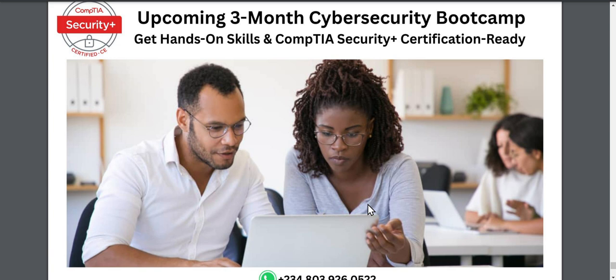And this certification can be used for both entry level to mid level roles, not just entry level. The CC is just for entry level, but with CompTIA Security Plus, it's for both entry level to mid level. Not only that, this certification meets US Department of Defense 8570 compliance, meaning for any federal job that involves IT security, you need to be at least CompTIA Security Plus certified.